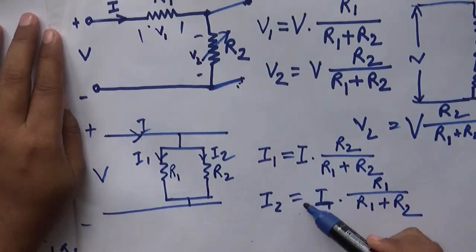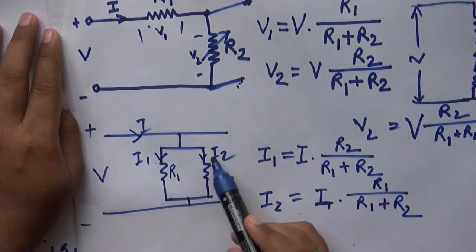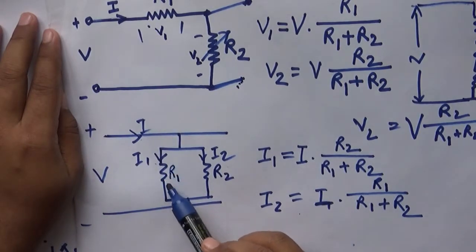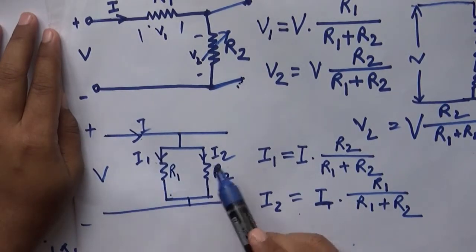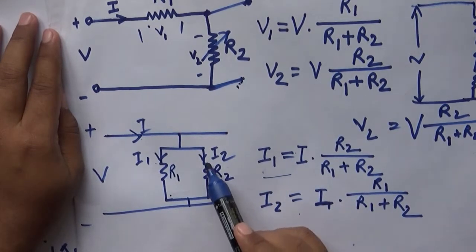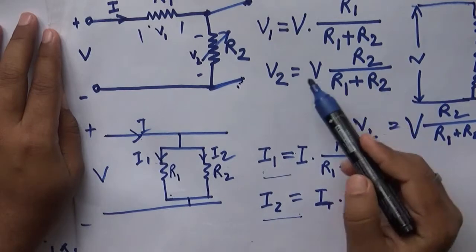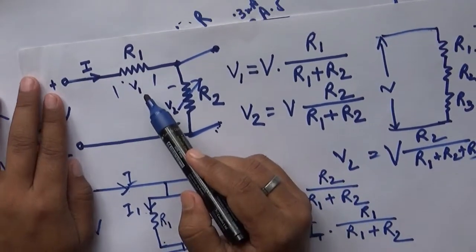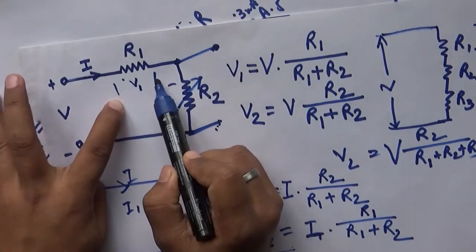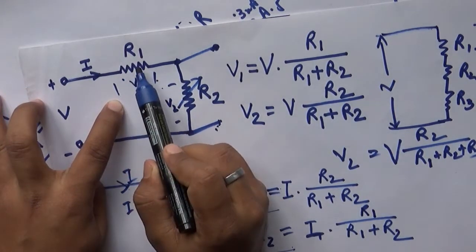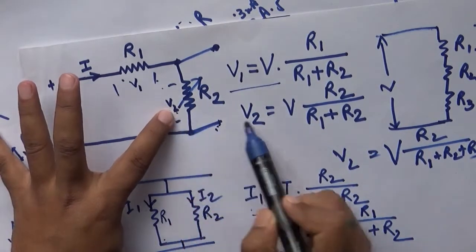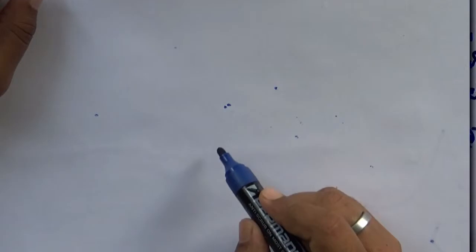Just like that, we can calculate the current division. What should be the current from this path? I1, this is the formula. And the current from this path is I2, this is the formula. And for the voltage division, V1 across R1, the formula is this, and V2, the formula is this.